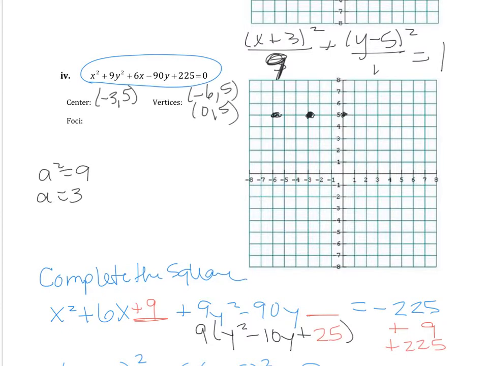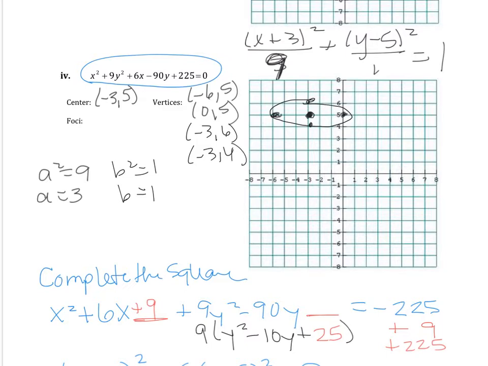And then our minor axis, our b squared value is 1. So that makes b 1, really plus or minus 1. So we're going to go up 1, down 1, and we have our ellipse here. So our co-vertices, or our other two vertices, are -3, 6, and -3, 4.